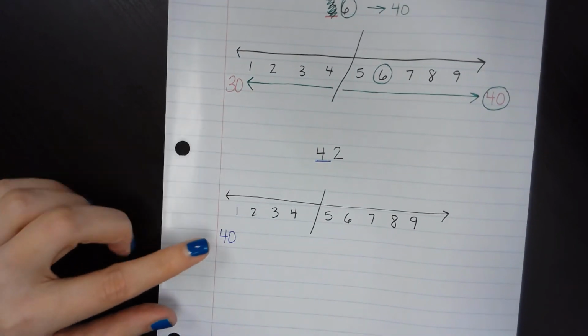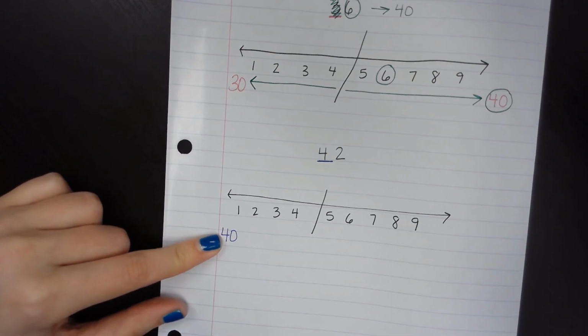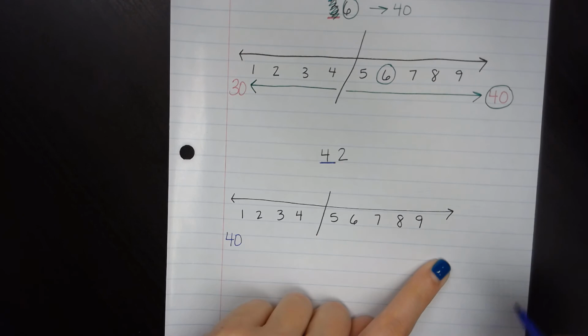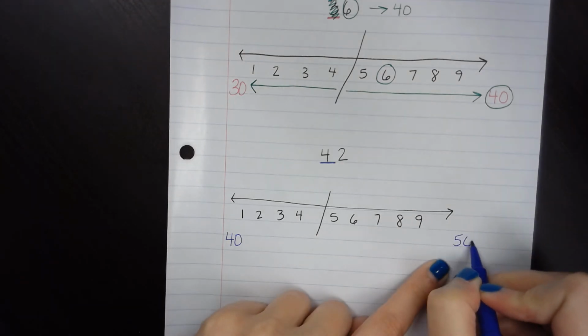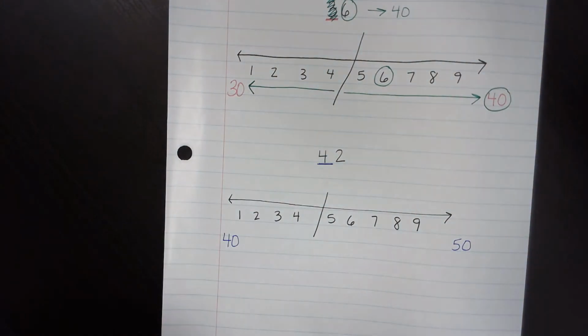Okay? So my 40 goes here. And then what comes after when I count by tens? Well, 10, 20, 30, 40, 50 goes here. So 40 and 50. So now I figured out what my tens is.